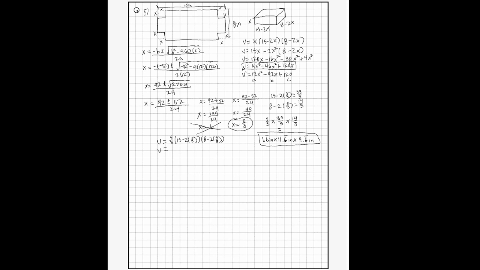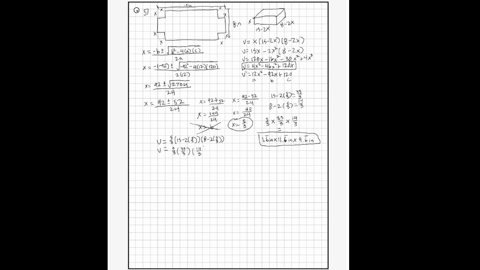So volume equals 15 minus 2 times 5 over 3. We already discussed that. That's 35 over 3. So 5/3 times 35 over 3 times, and 8 minus 2 times 5 over 3 is 14 over 3.